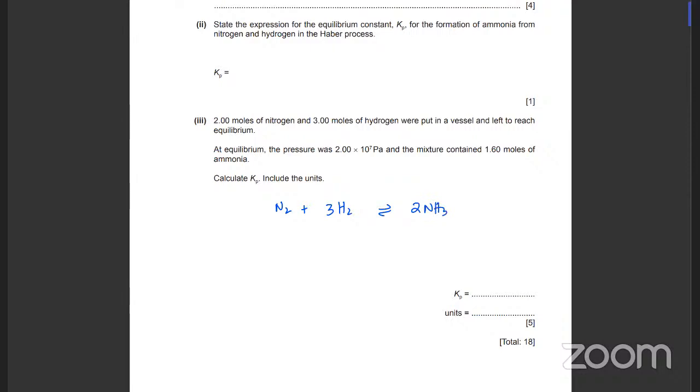And your initial moles are 2 of these and 3 of these, they react and are left to reach equilibrium. So there's 0 of that. And your equilibrium moles: 1.6 moles of ammonia are present at equilibrium. So that means you had 0 initially and 1.6 got produced.